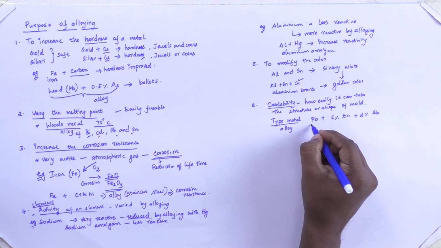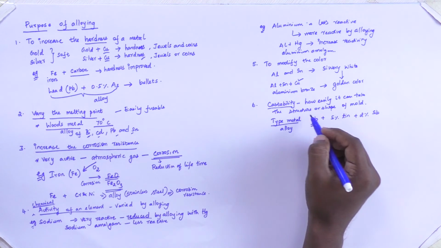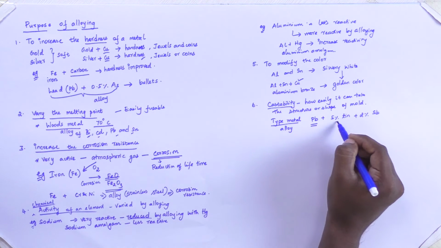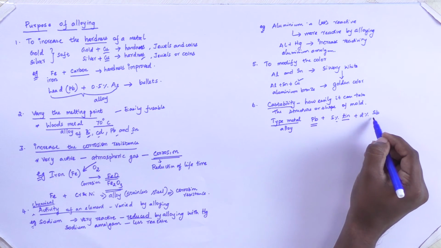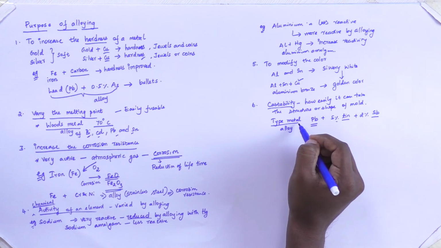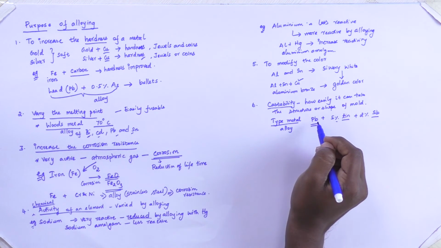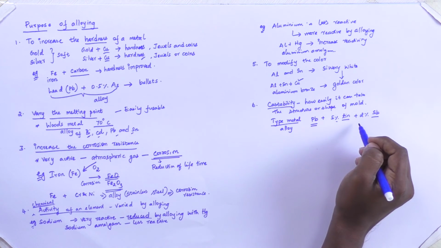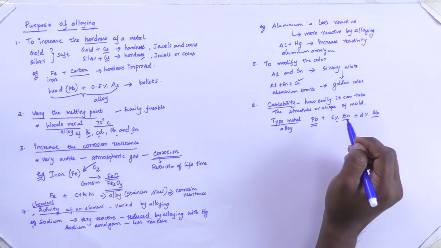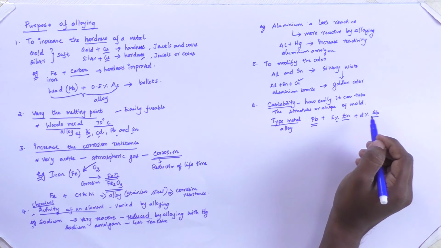So lead, when it is in pure form, its castability is poor, so it should be mixed with 5% of tin and 2% of antimony to make type metal, which is an alloy of lead, so that you have an alloy whose castability gets better with the addition of these two elements.